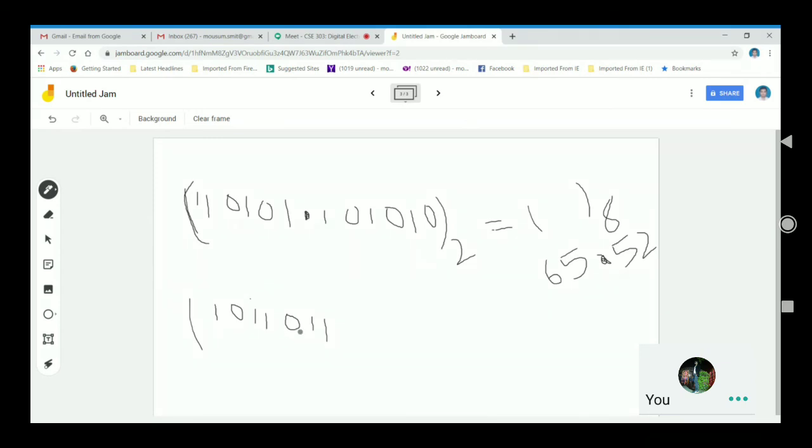So this one is the binary number: 1011, 0011.